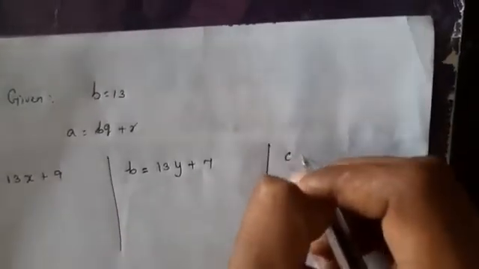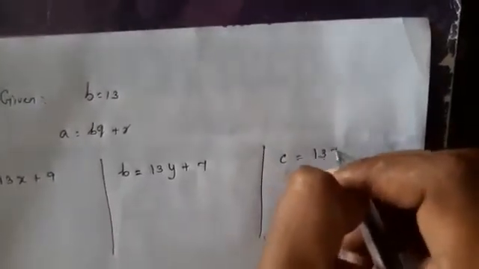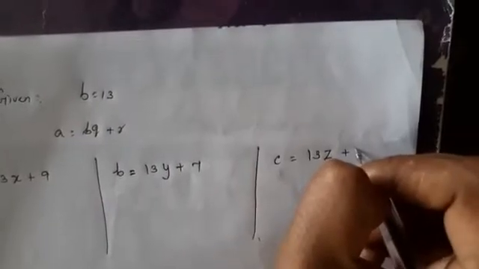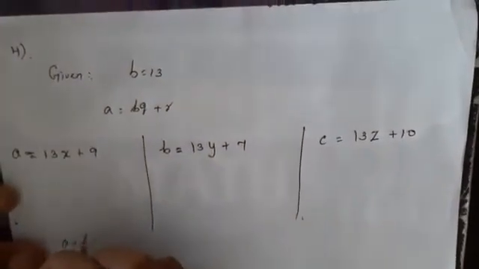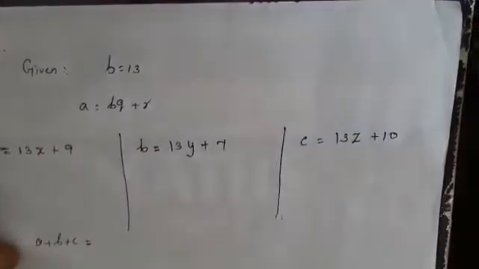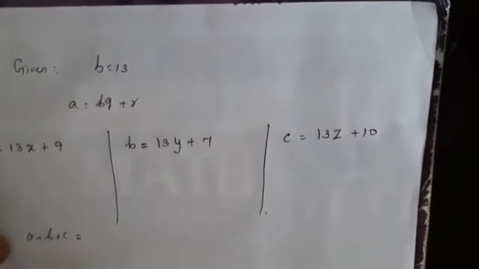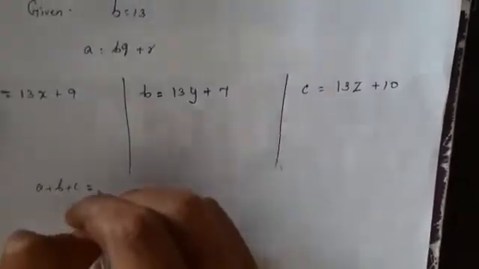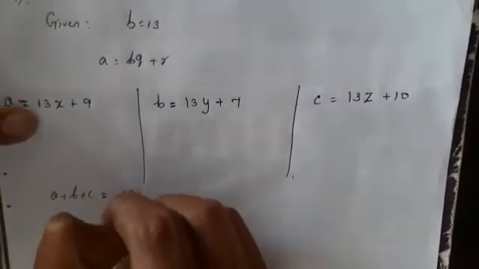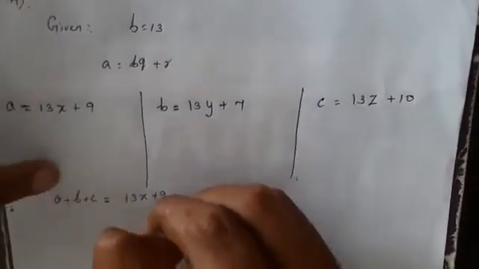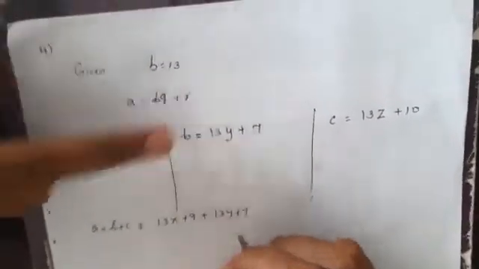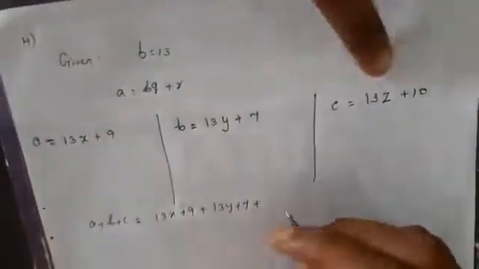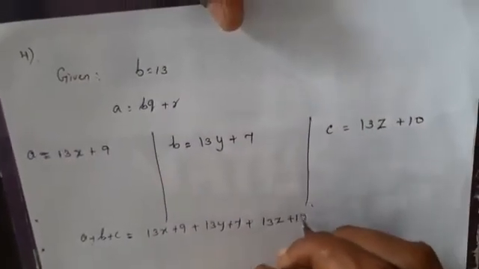Third part is c is equal to 13z plus 10. Finally, a plus b plus c is equal to 13x plus 9 plus 13y plus 7 plus 13z plus 10.